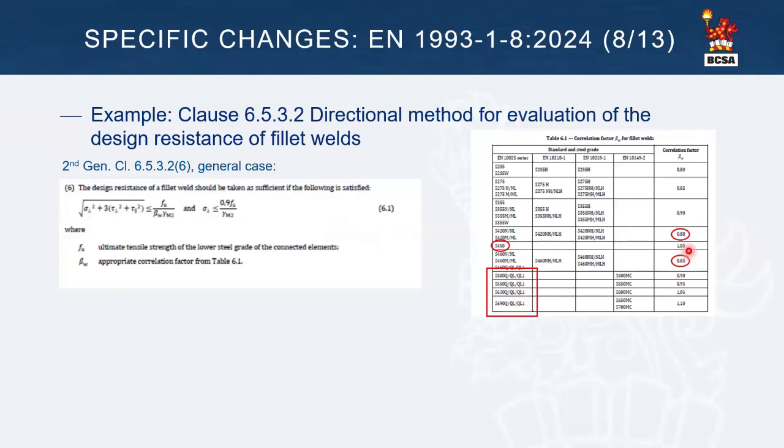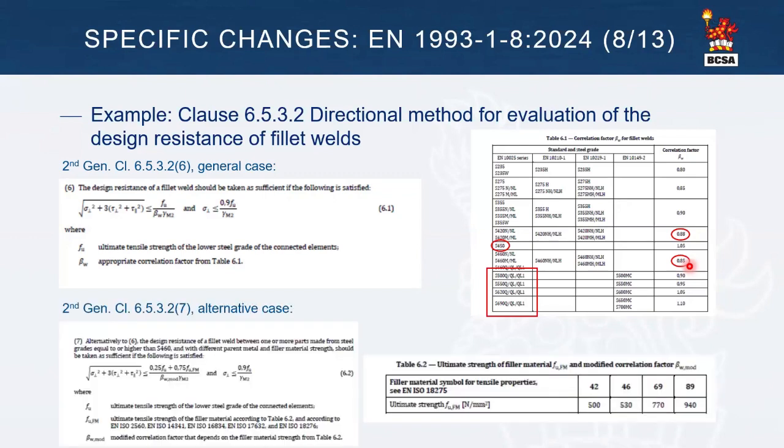Note here in the last column, I show two values. These have been modified for S420 and S460. Currently it's 1. Just found that you could work with a lower value for beta W. These modifications are supported by research carried out at University of Stuttgart.